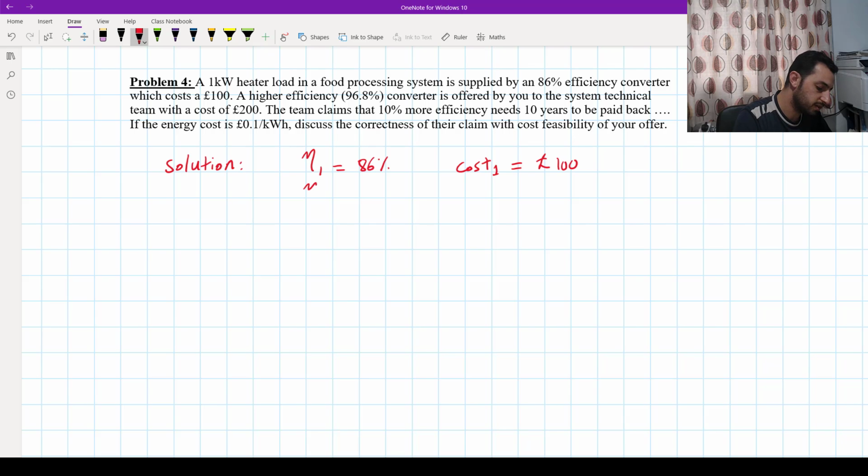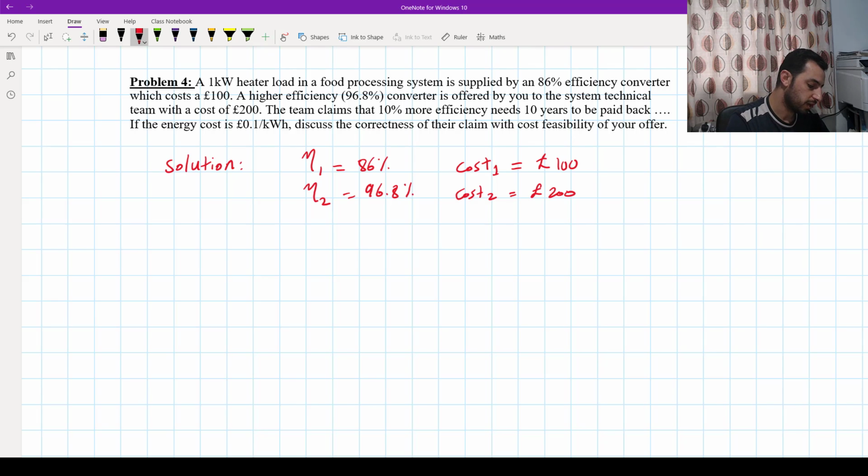You offer them another converter that has 96.8% efficiency, and it's offered by you with a cost of £200. Now, if they want to take your offer, they have to pay £200 for that, and they say that they're going to get the benefit after 10 years. We'll see this one.